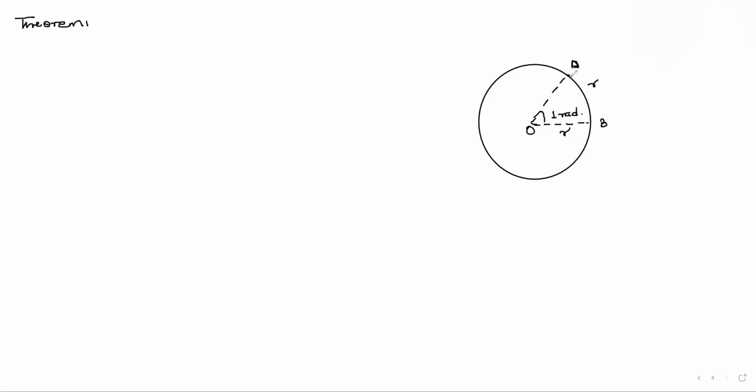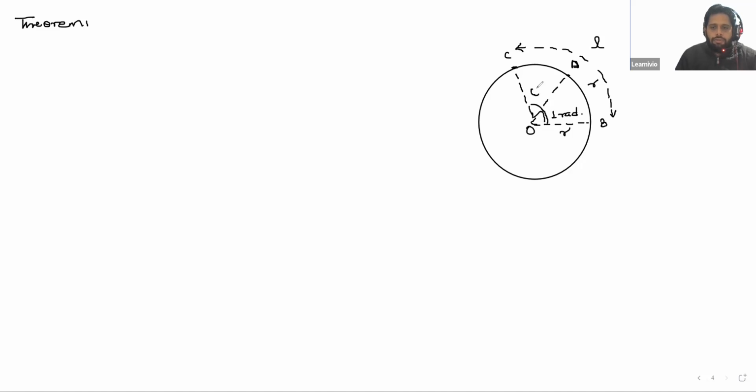Now suppose we increase this arc up to here, this C, and the length of this complete arc is L. Then what happened? This angle will increase. Let this angle be theta, and this theta is in radian. Okay, we are taking the angle in radian. So this angle is directly proportional to the length of the arc.